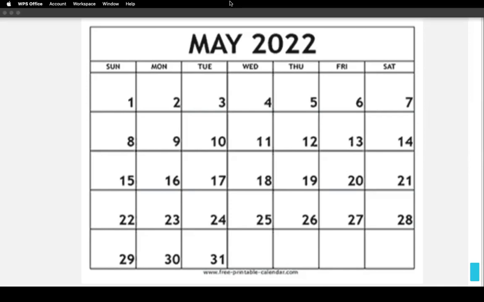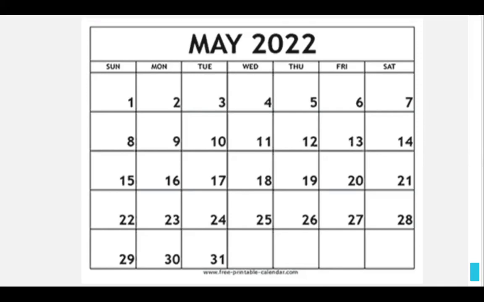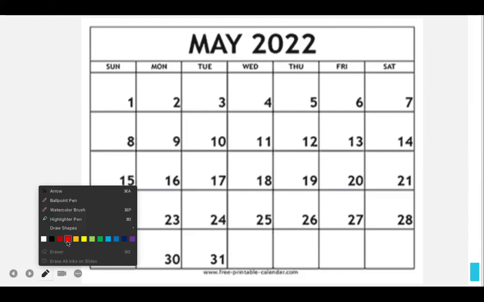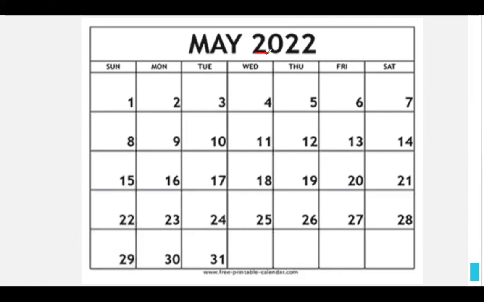the calendar is the table that shows the year. This is the year. This is the month. The days. This is the day, Sunday until Saturday.